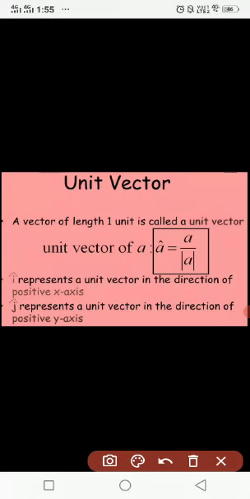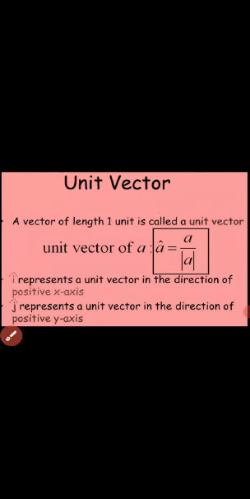The unit vector gives us the direction of the vector and its formula is A cap equal to A upon magnitude of A. Here I have taken A as the vector. They can give you any other vector as well, P, Q, R, S, A, B, C, anything, but the formula will remain the same. So I hope you understood about unit vector.